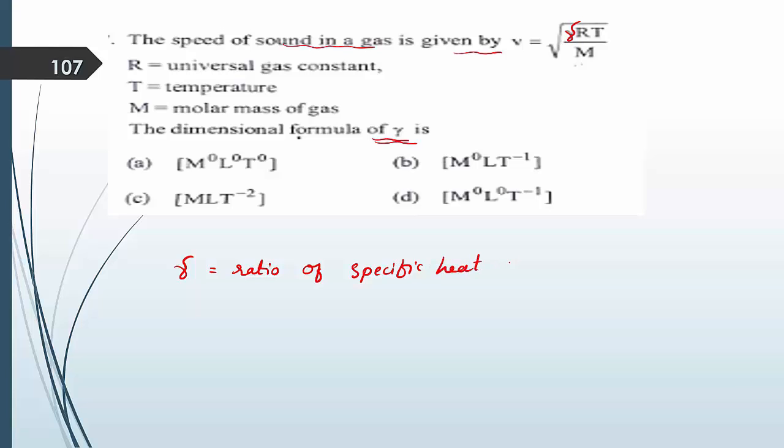You can remember this equation, Cp by Cv equal to gamma. This is dimensionless. Dimensionless means the value will be M raised to 0, L raised to 0, T raised to 0. So option A is correct.